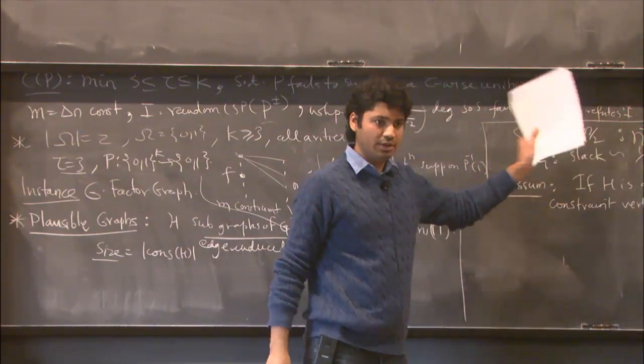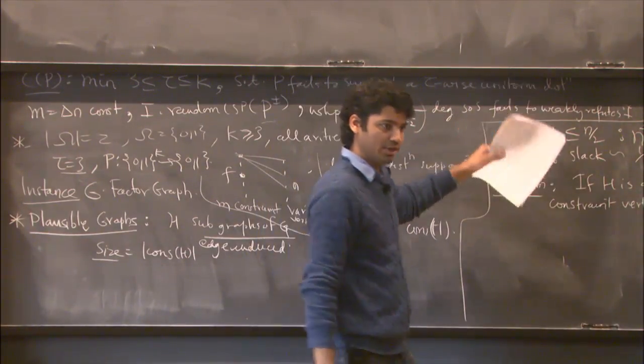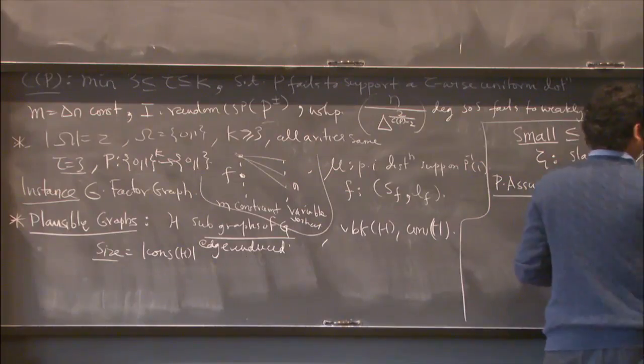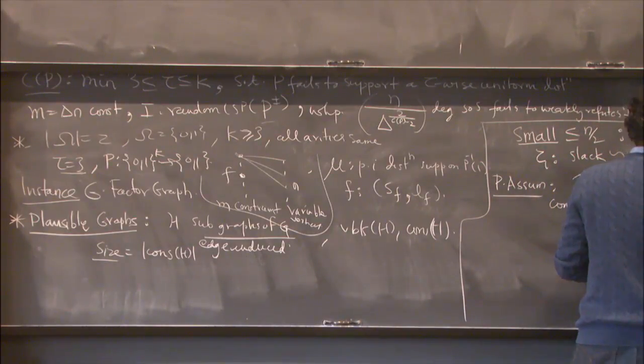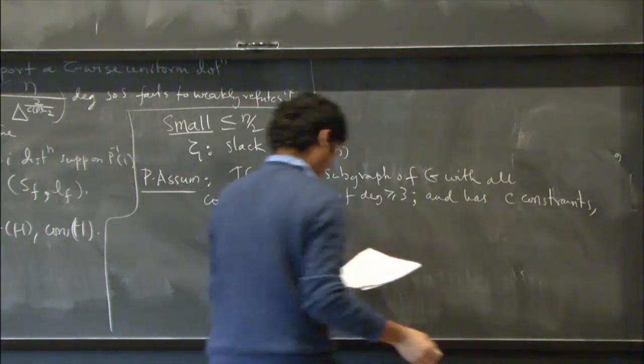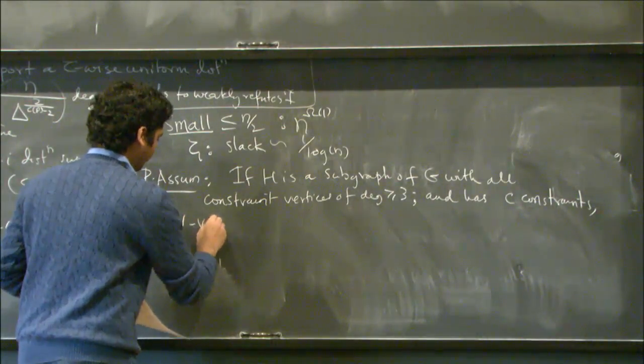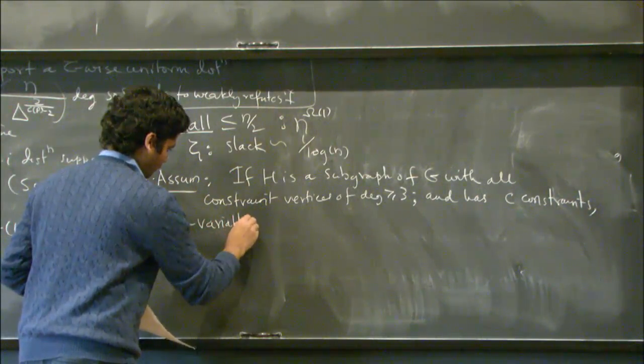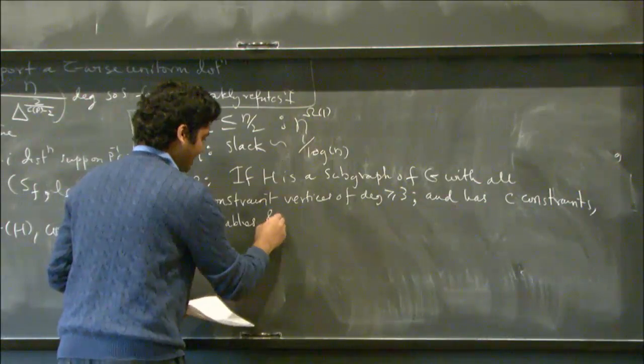This is specialized for pairwise independence, where 3 would become tau in general. And H has C constraints, V variables, and E edges.